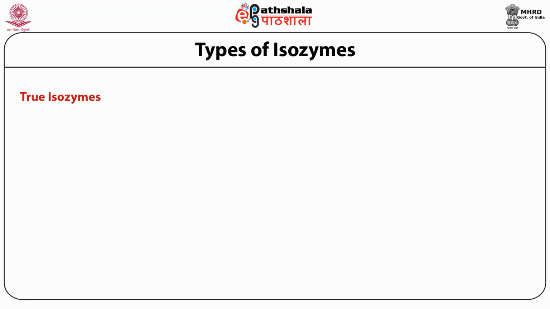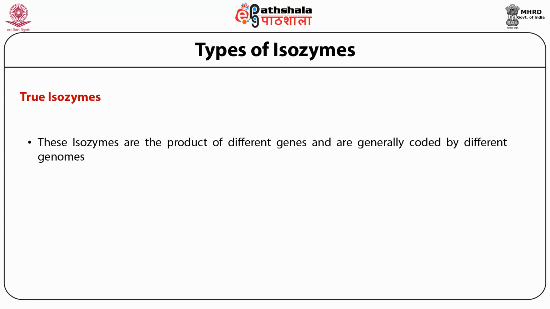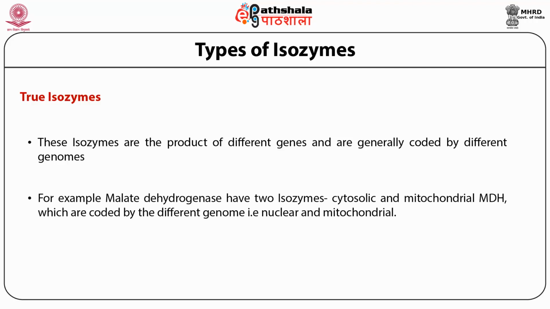What are true isozymes? True isozymes are the ones that are a product of different genes and they are generally coded by different genomes. For example, if you remember malate dehydrogenase of the TCA cycle, malate dehydrogenase has two isozymic forms.